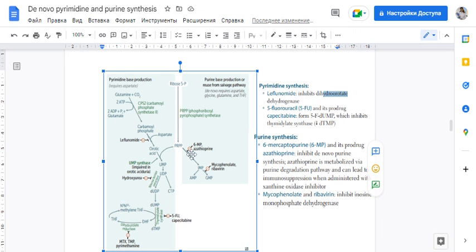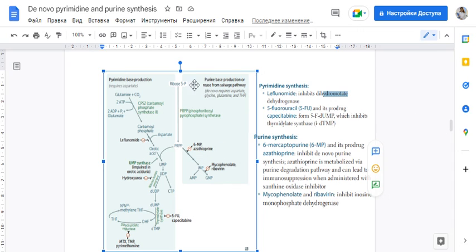We also have to know that azathioprine is metabolized via the purine degradation pathway and leads to immunosuppression when administered with a xanthine oxidase inhibitor. Formation of GMP from IMP is inhibited by the drugs mycophenolate and ribavirin. These inhibit inosine monophosphate dehydrogenase.